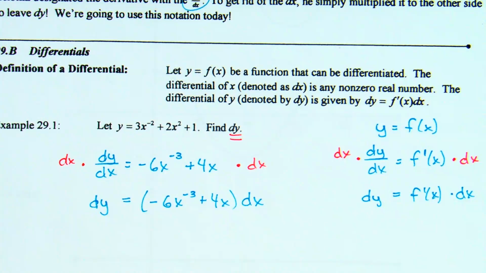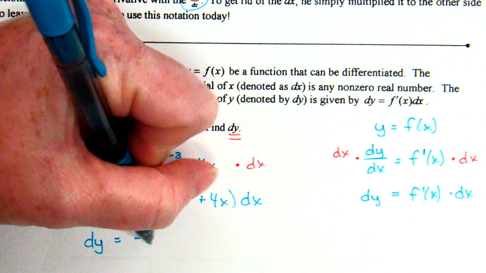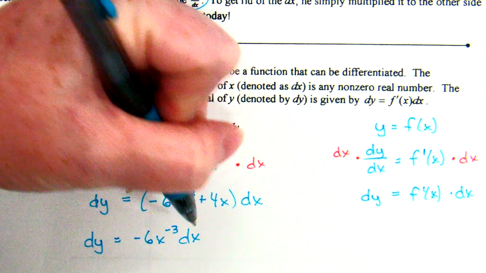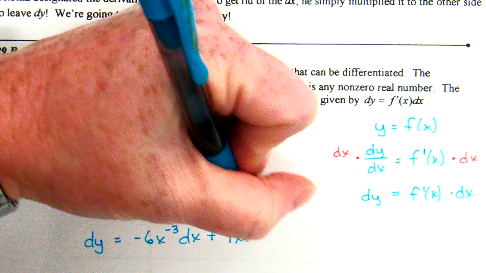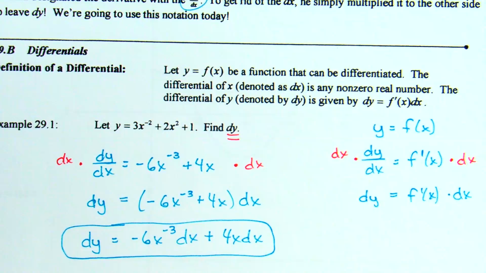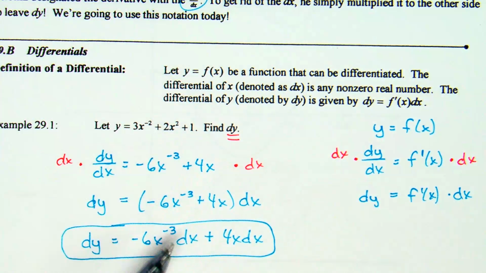Again, it's just like a typical number or variable. So if I distribute that dx, dy is equal to negative 6x to the negative third dx plus 4x dx. I have this one boxed, so I'm guessing that's the type of answer they will show in the book. But to me, these are both solved for dy, as long as you have the parentheses on the previous one.